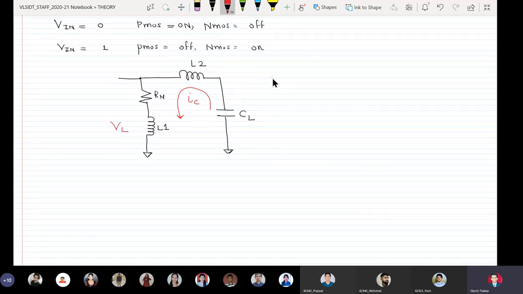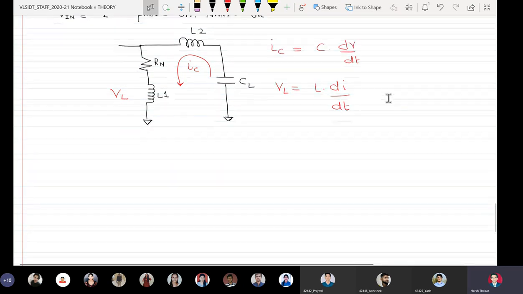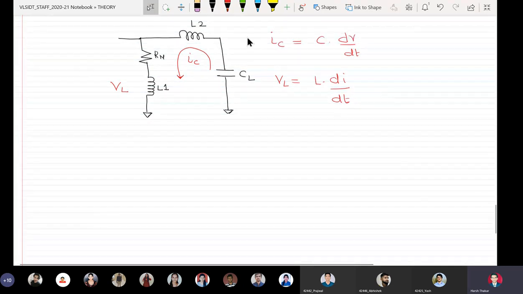We know that IC is always equal to C into dV by dt, and VL is equal to L into di by dt, right? So for capacitor current we differentiate the voltage, and for inductor voltage we differentiate the current.